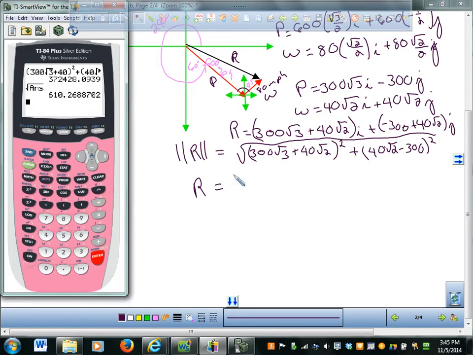So then once you have done that, they also want the direction. To find the direction, you want to find really this angle right here, but because you want it as a bearing, you could find this angle right there.